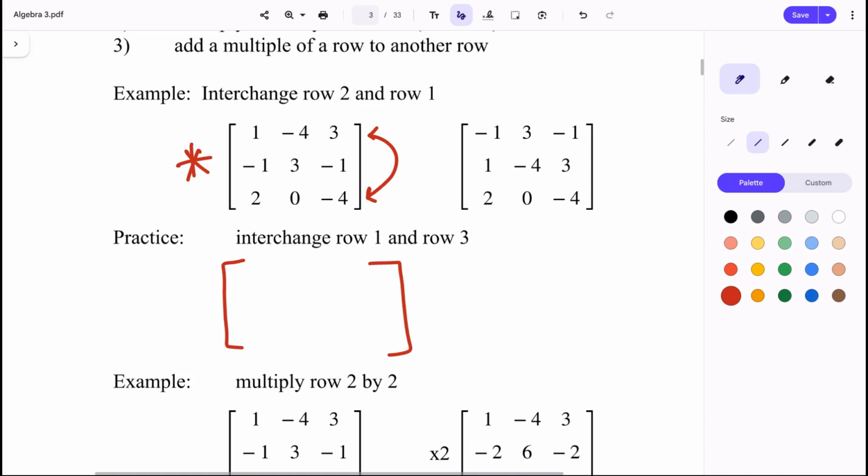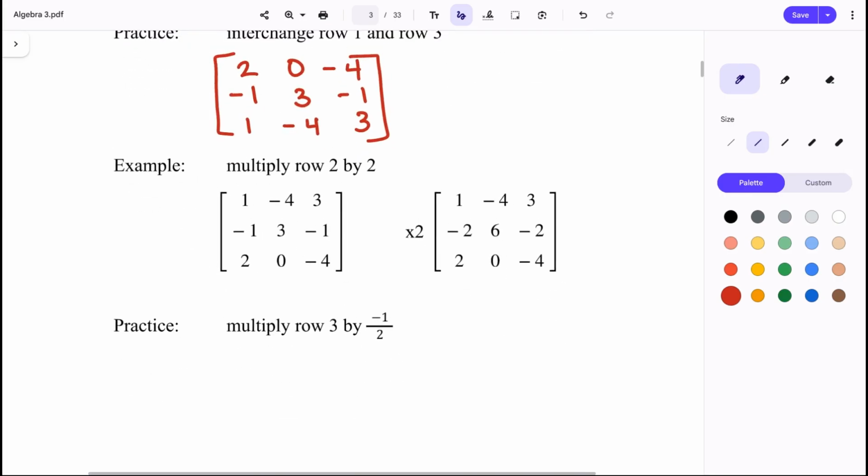So how would you write that down below? 2, 0, -4, and then below it, -1, 3, -1, and 1, -4, 3. Good, perfect. That's all you have to do. That's one operation we could do: interchange those rows if we feel it would be helpful, maybe to get like terms together.